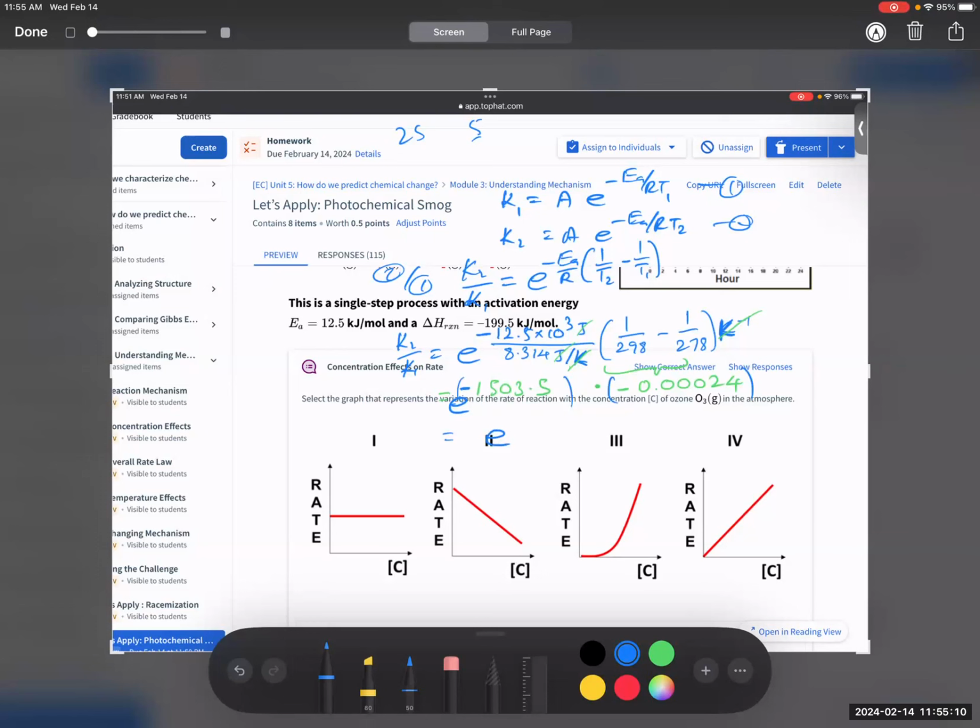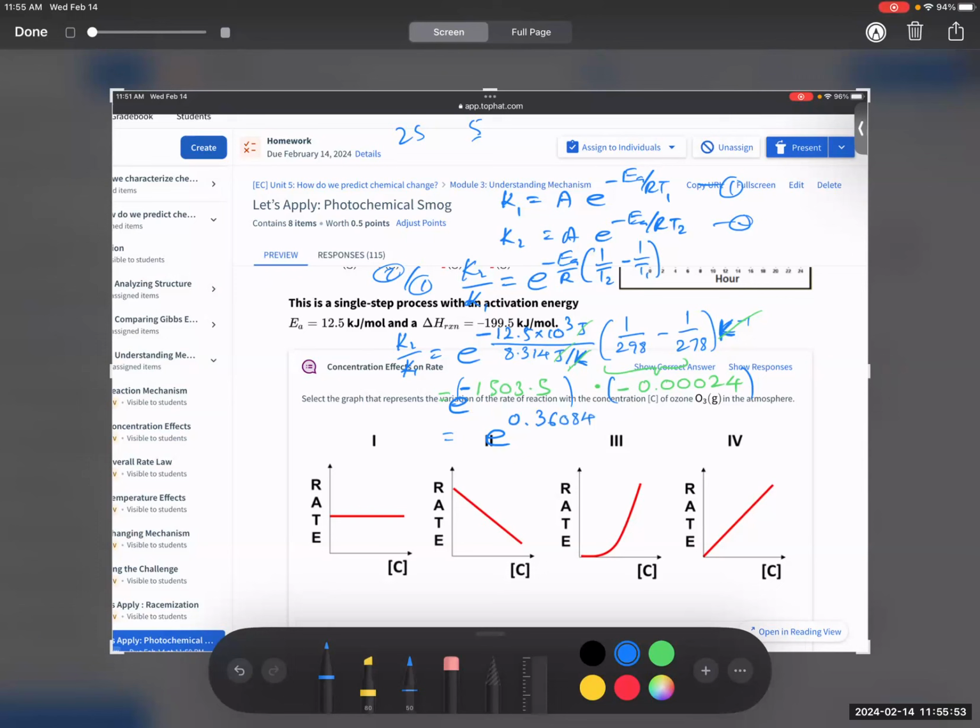Let's do that too. 1503.5 multiplied by 0.00024 is, okay, I'm getting, yes, this is still a positive number, 0.36084.